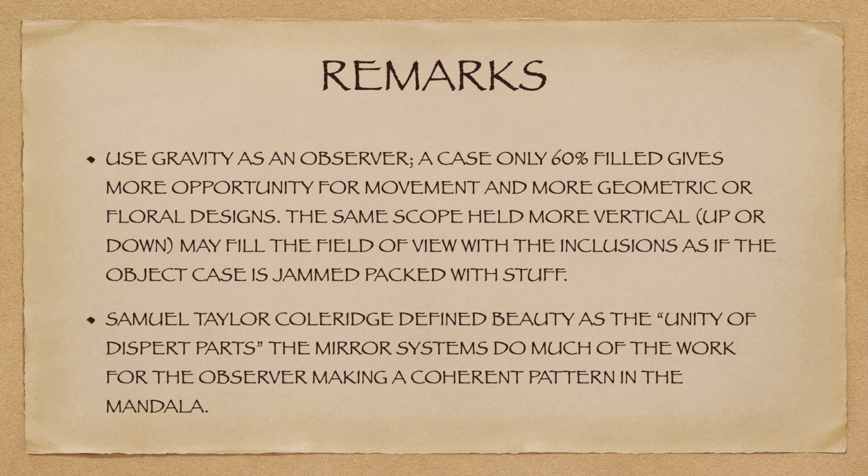With the kaleidoscope, I think the reason it is such an attractive instrument is that it is a participatory art form, so that the observer has to do some of the work in manipulating or turning or changing the angle of the scope, but the mirrors help quickly make a coherent pattern or mandala from all of these different little pieces that don't necessarily have a relationship to one another.